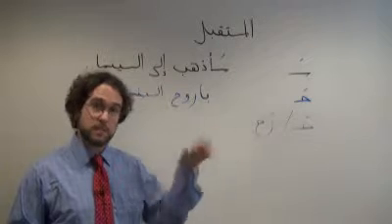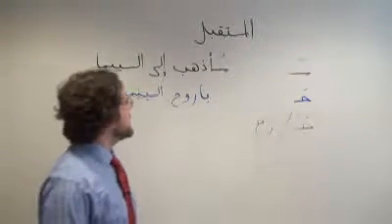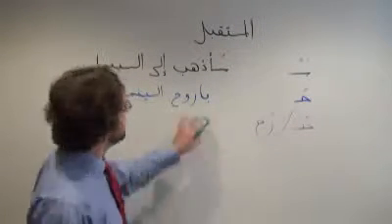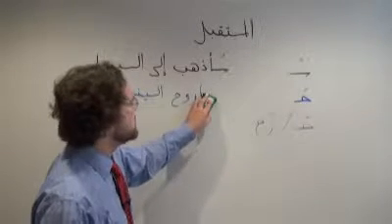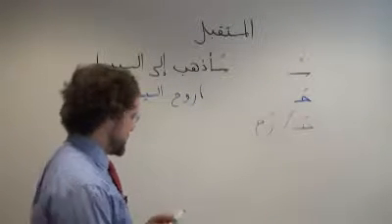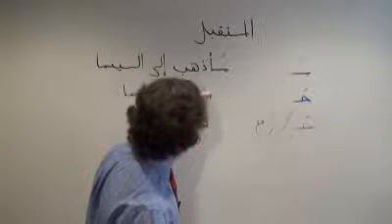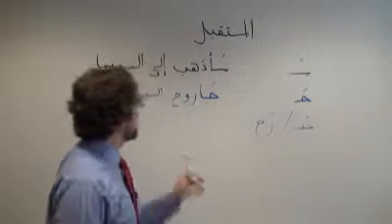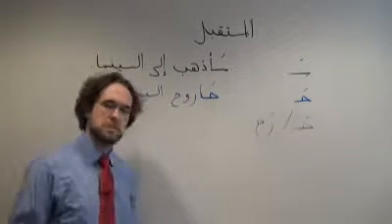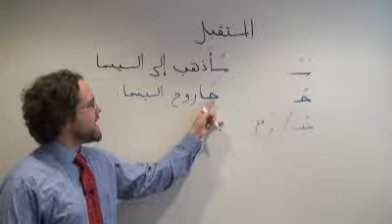I'm going to the cinema. I go, present tense. And in the future, we're going to drop that ba prefix that we see on most present tense verbs, and I'm going to add that ha. حروح السينما, right? Note that the ha also connects.